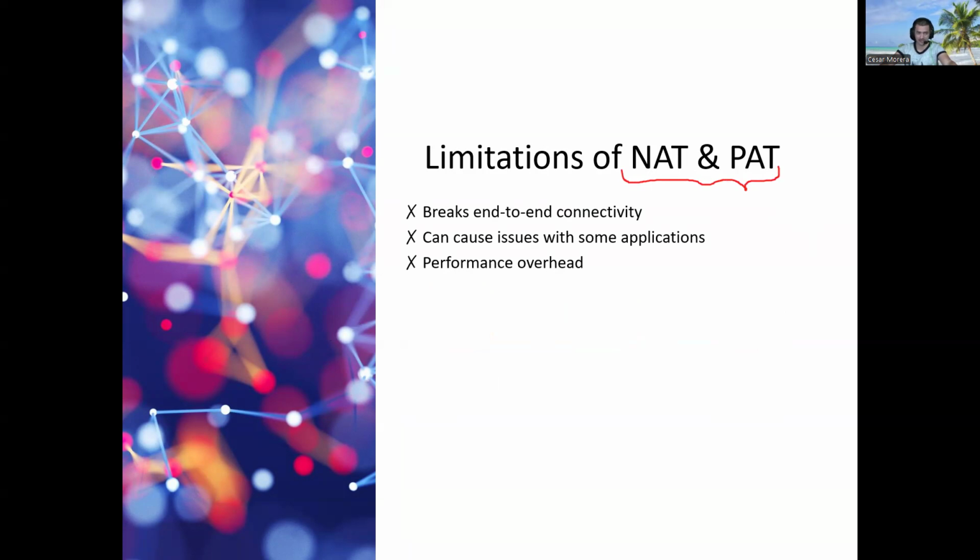Well, it breaks end-to-end connectivity. It causes issues with some applications, and we can have performance overhead. So those are some of the limitations when we are using NAT and PAT.